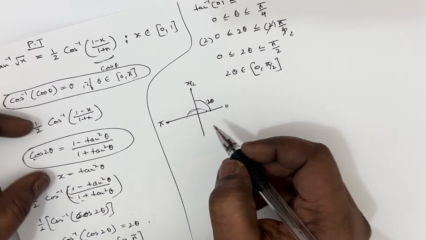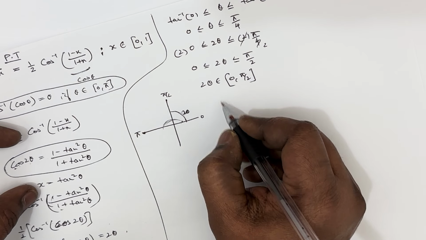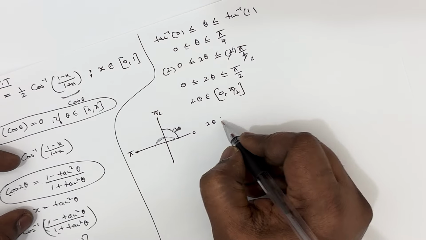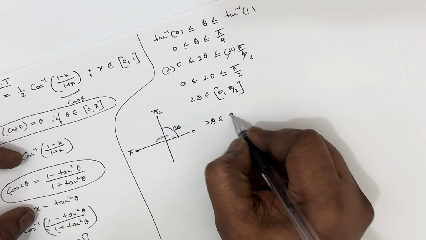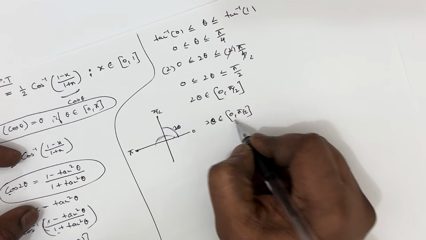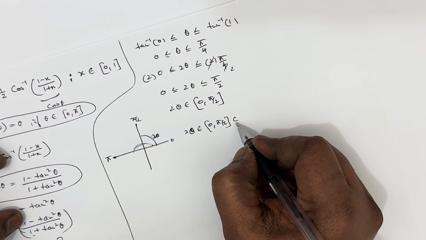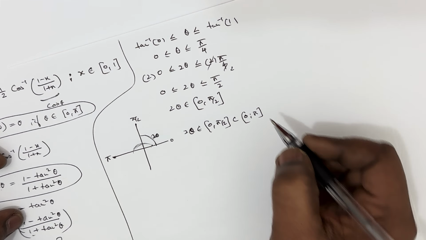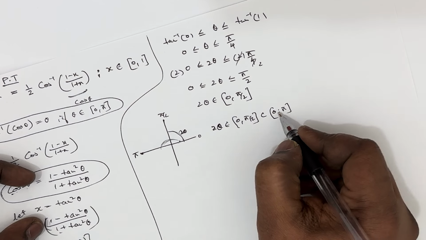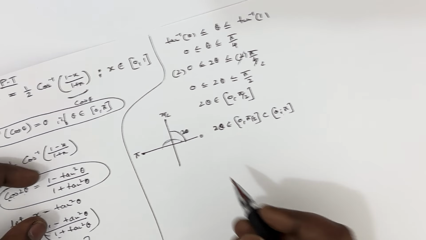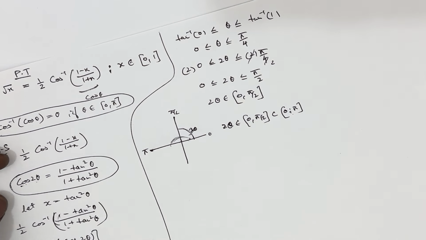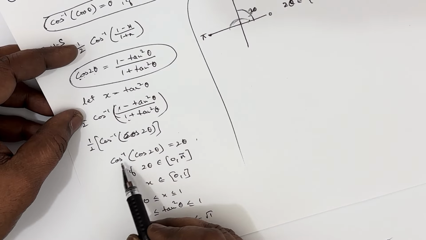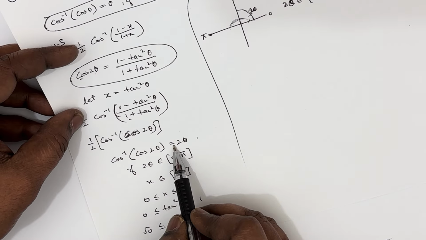So we can write 2 theta belongs to 0 to pi by 2, and also is a subset of 0 to pi. Therefore we can say that cos inverse cos 2 theta is equal to 2 theta.